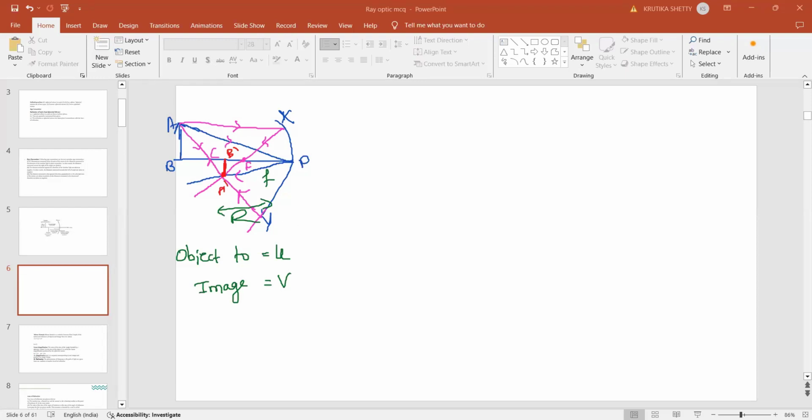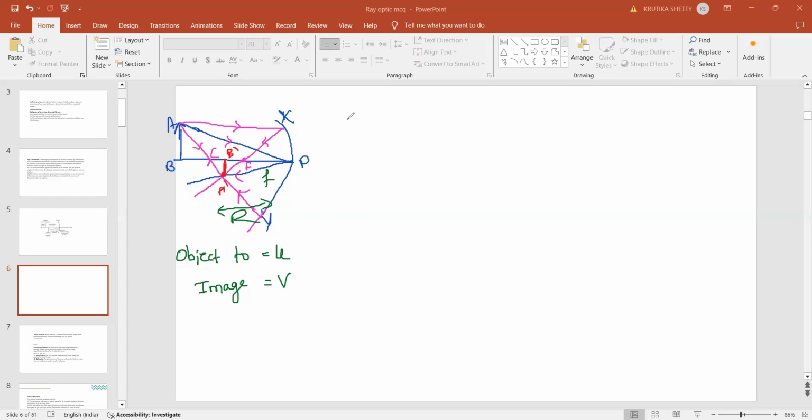XY is the concave mirror, AB is the object, A dash B dash is the image. There we have AM as the incident ray, AP is also the incident ray. Then AN is also the incident ray.